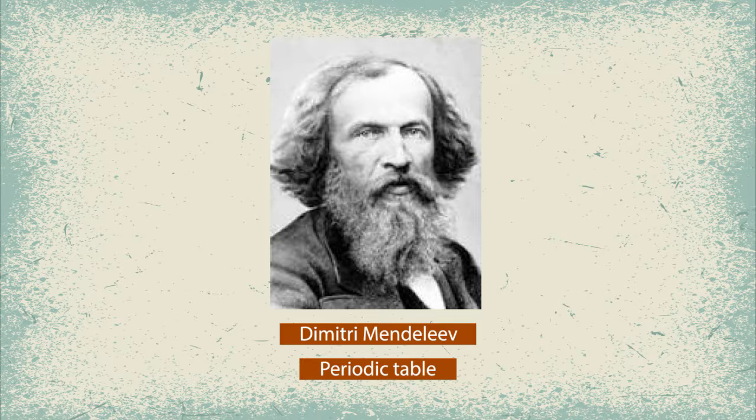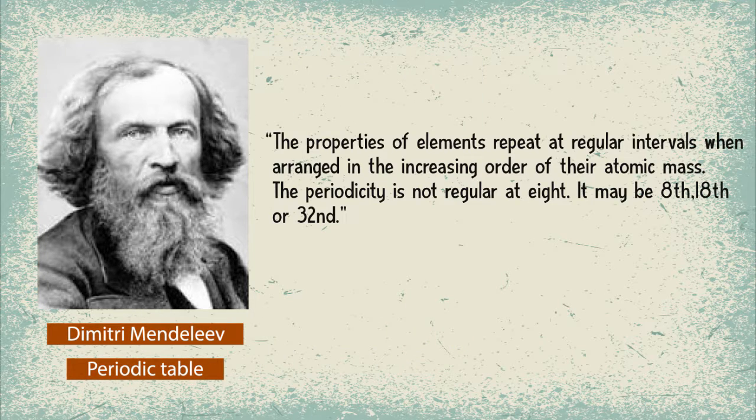His interval was 8 elements, but Mendeleev extended this theory and told the interval may not be only 8, it could be 18 or 32. He stated the properties of elements repeat at regular intervals when arranged in the increasing order of their atomic mass. The periodicity is not regular at 8. It may be 8th, 18th or 32nd.